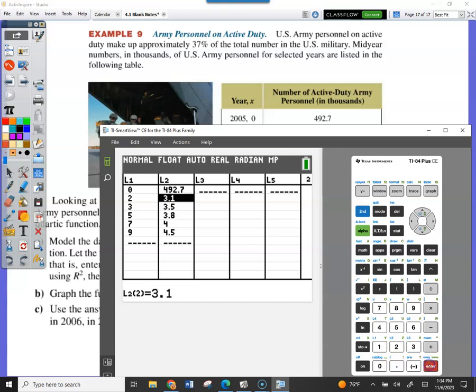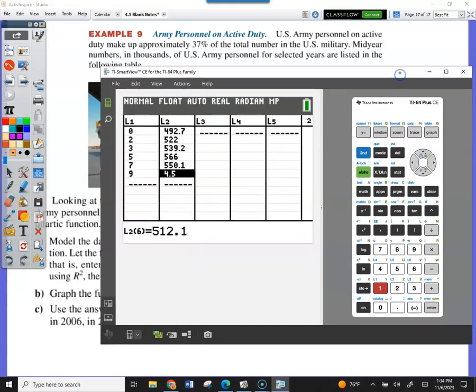Who's got the next? 522.0. 539.0. 550.1. All right, I have the data in there.